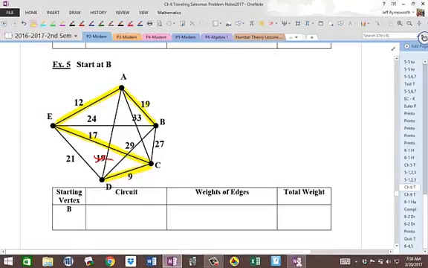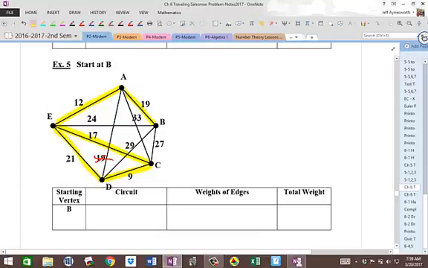And I could do that because I didn't form a circuit and I didn't form any vertices with degree greater than 2. Okay, no degree 3 vertices. So after 19 is 20, no 20s, 21. Don't want to select that either, because watch, if I do that, E becomes degree 3.